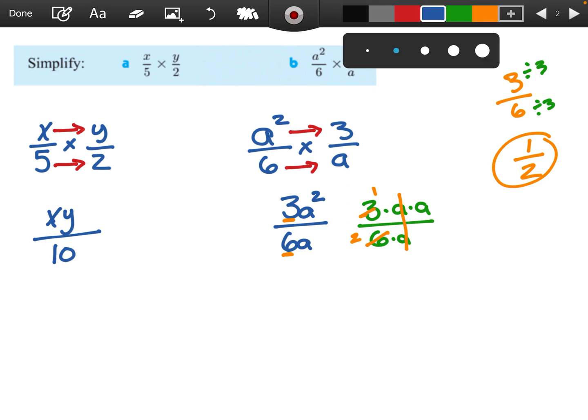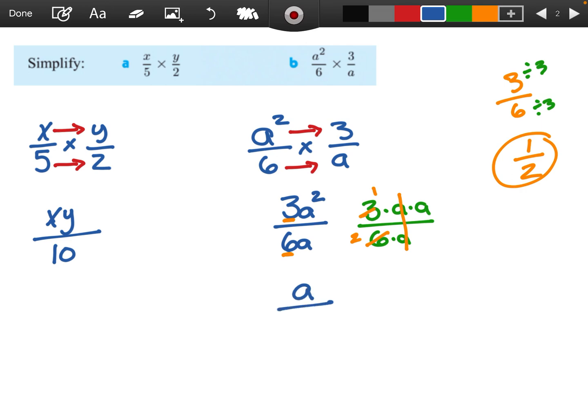I don't need to write a coefficient of 1, so I can just write a on top. On the bottom, the only thing that remains is that 2, because the a that was on the bottom has canceled out with one of the a's that was on the top. So when we multiply these two fractions together, this reduces down to be a over 2.